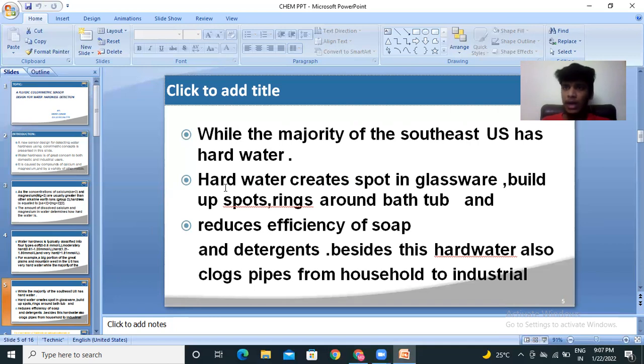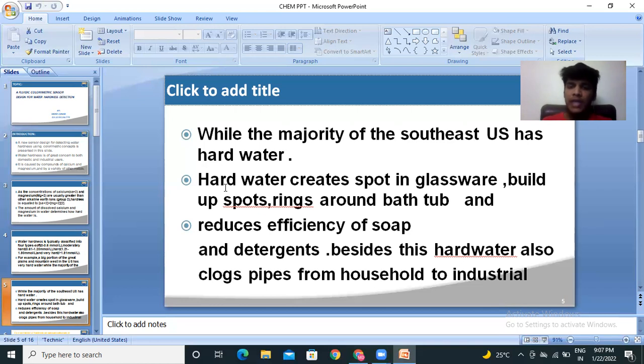You can see in the bathtub, while we continuously flow the hard water, we can see some spots or rings also. That is because of the hard water. And the efficiency of the soap will also reduce due to the hard water, as well as the efficiency of the detergents.